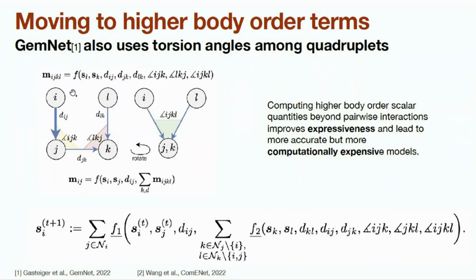So GemNet is going one step further. It characterizes every group of four bodies in the atoms in the point cloud, and featurizes distances, angles, and the torsion angles for the four bodies.